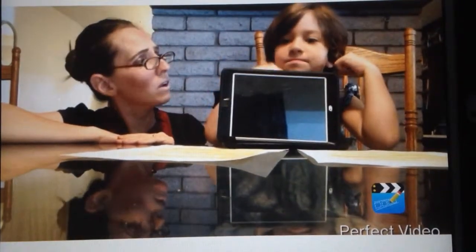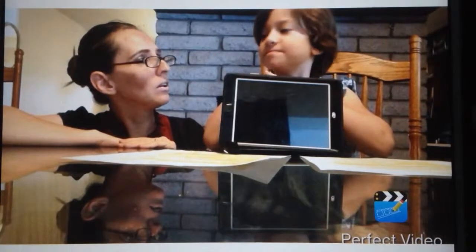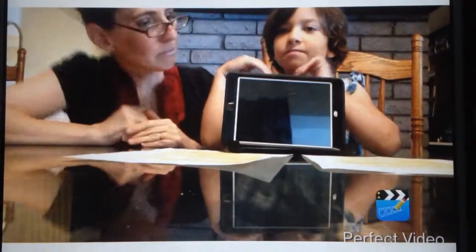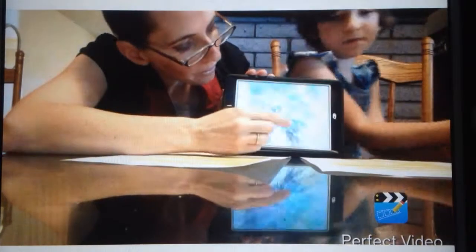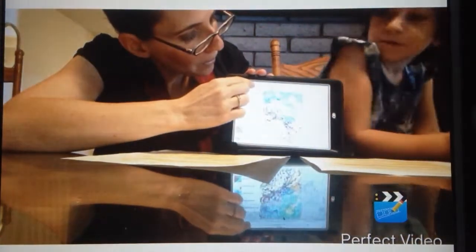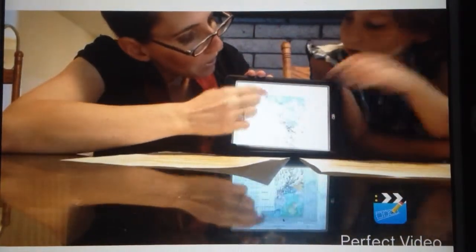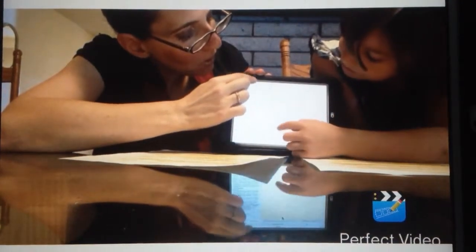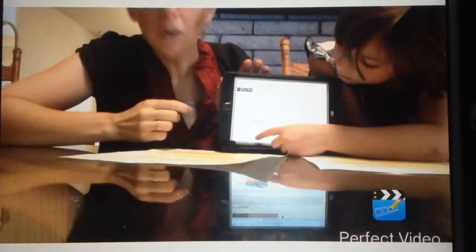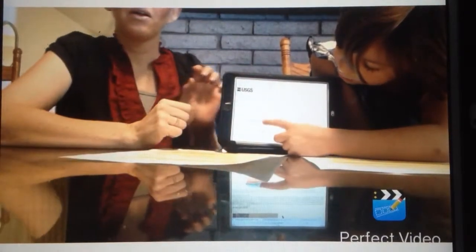Maren, could you tell us what caused the earthquake? Plates. What are plates? The Earth is made up of three main parts: the core, the mantle, and the crust.